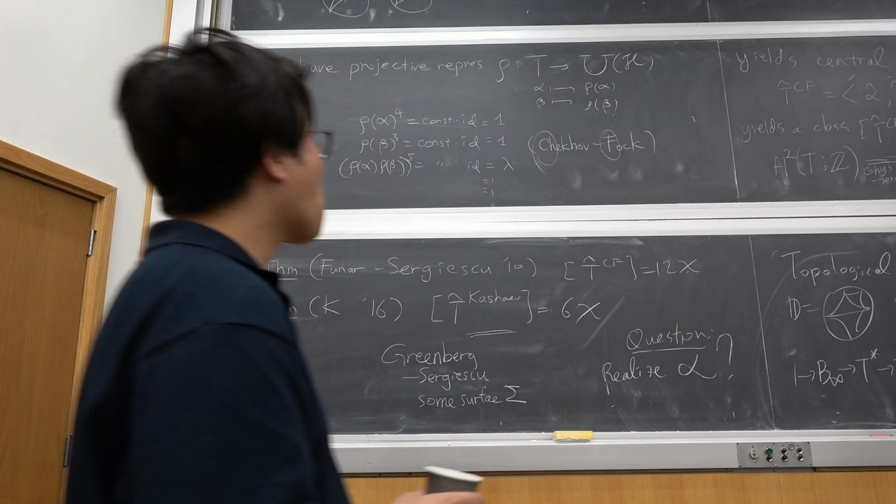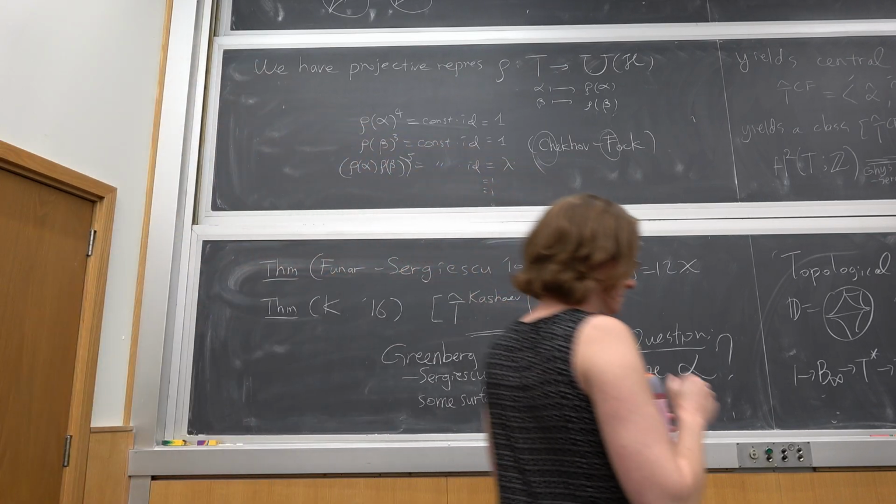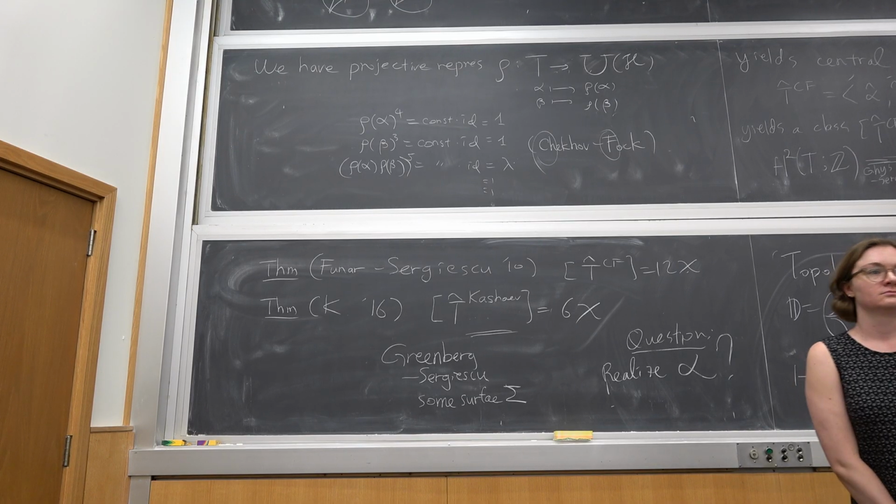But I think Funar and Sergiescu worked more generally, so that maybe this way you realize some other classes too. But that question has never really been studied so much. I think one general question was, what are the classes that can be geometrically realized? That was never really studied.